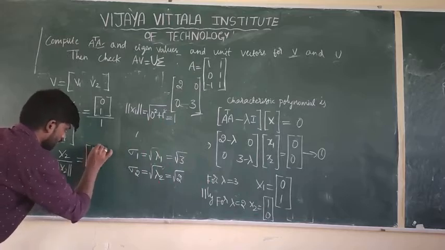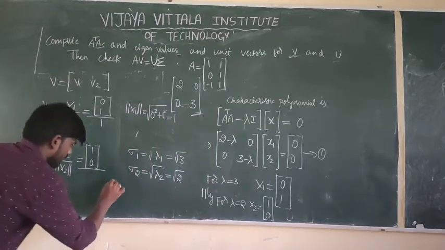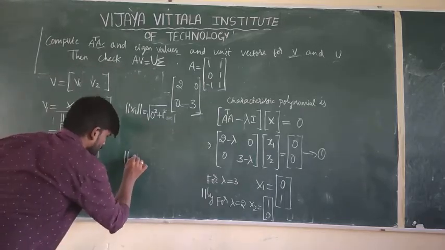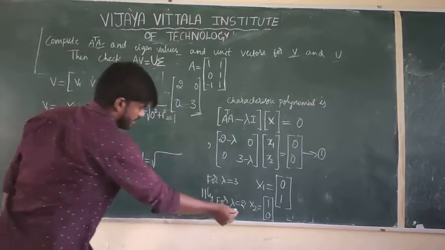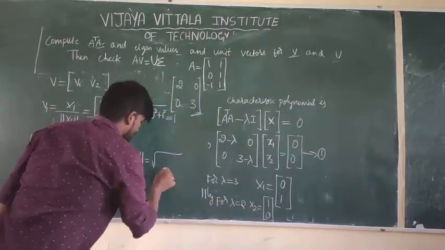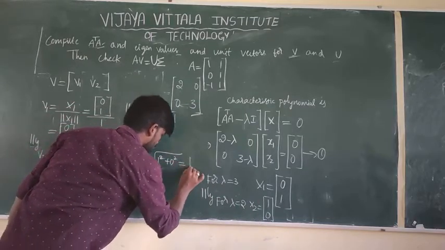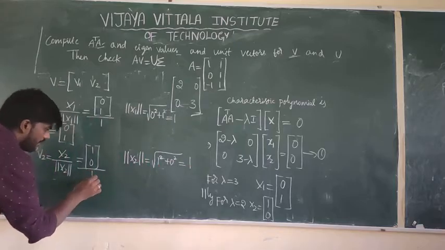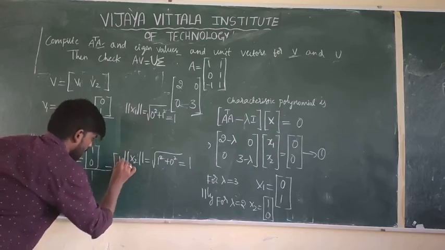Norm x2 is the root of the sum of squares of elements, 1 square plus 0 square, which is equal to 1. So x2 divided by norm x2 is 1. Therefore, v2 is 1, 0.